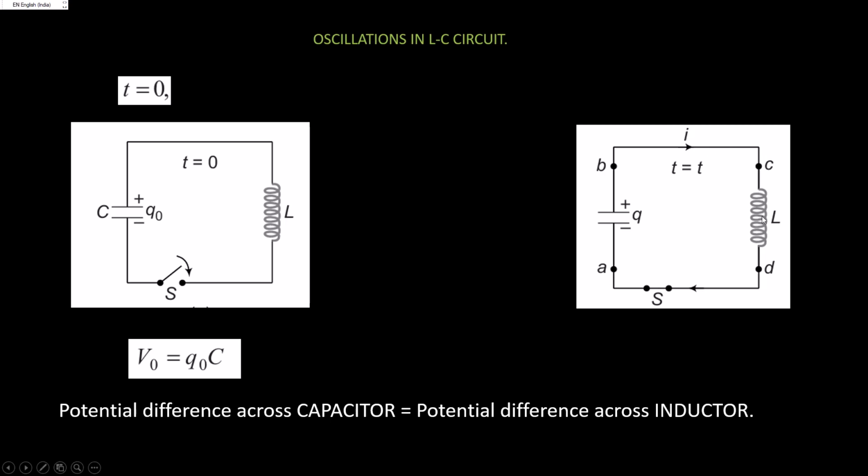This current induces a magnetic field in the inductor and energy is transferred from the electric field to the magnetic field. At t equals 0, as the capacitor is fully charged, the potential difference is V0 equals Q0 by C. So here the potential difference across the capacitor is equal to the potential difference across the inductor.